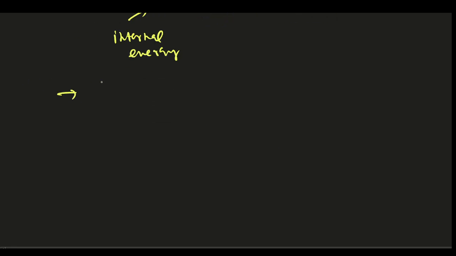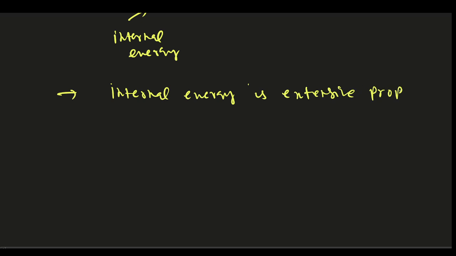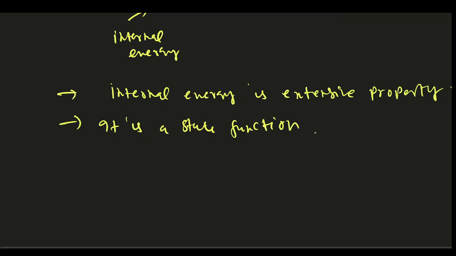And it says that since internal energy depends on the matter, it is an extensive property. So internal energy is an extensive property because it depends on the matter, and it is a state function, because except Q and W, all thermodynamic properties are state functions. Okay.